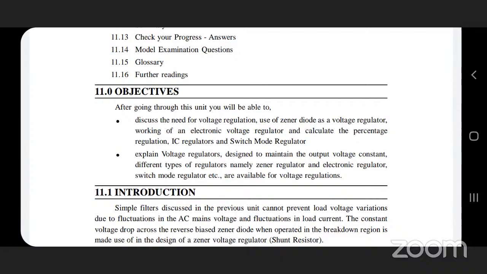Along with the DC, the entire AC is not converted into a complete DC. If you use the half wave rectifier and the full wave rectifier, we already discussed how the efficiency is calculated: 40% compared to the full wave's 81%.